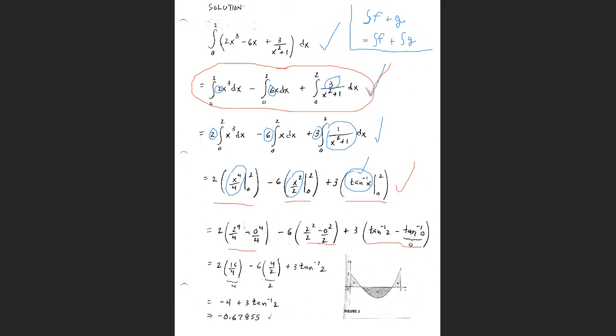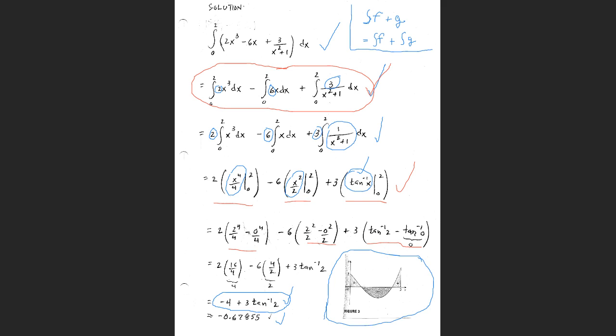And you're going to get -4 plus 3 times the arctangent of 2. And we can approximate that with a decimal, but web assigns are very likely going to want the exact answer. And I have a little picture here that shows this function, 2x cubed minus 6x plus 3 over x squared plus 1.